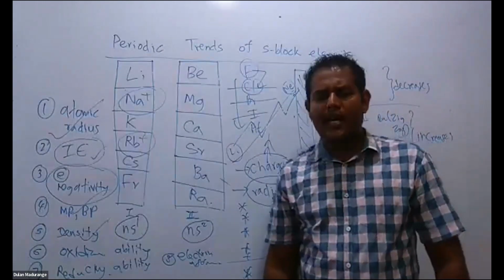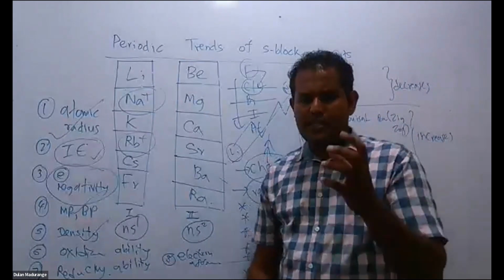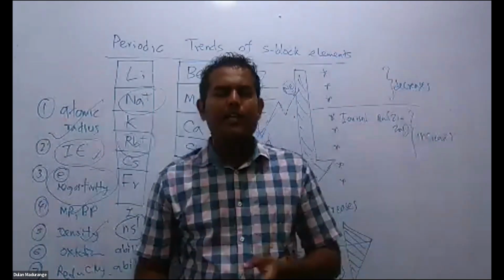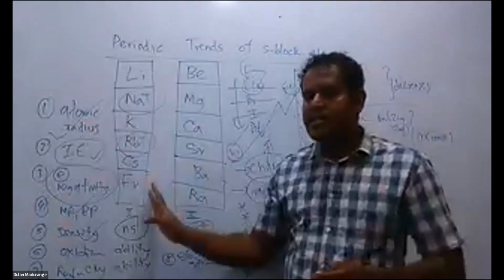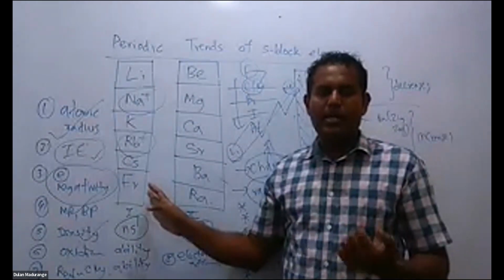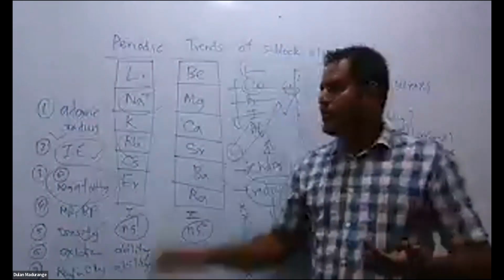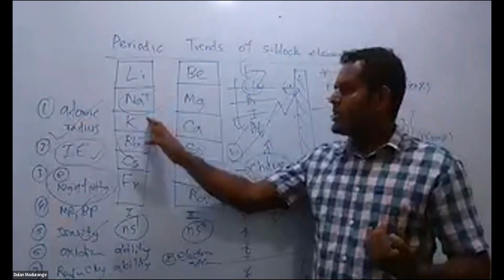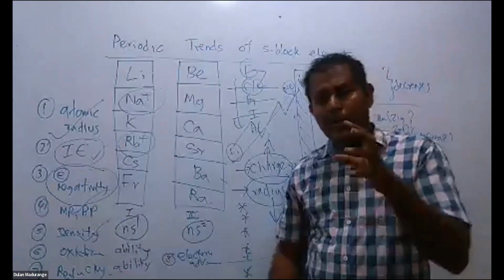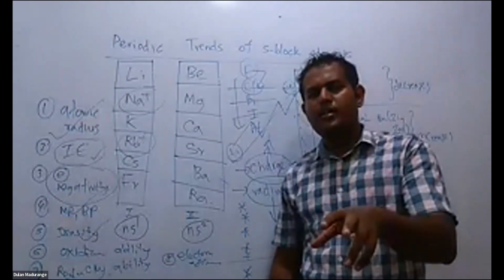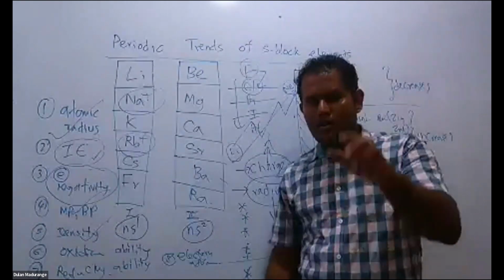What is the meaning of alkaline element? Alkaline element means these elements can form bases. Sodium hydroxide, potassium hydroxide, rubidium hydroxide. Those bases are well soluble in water.